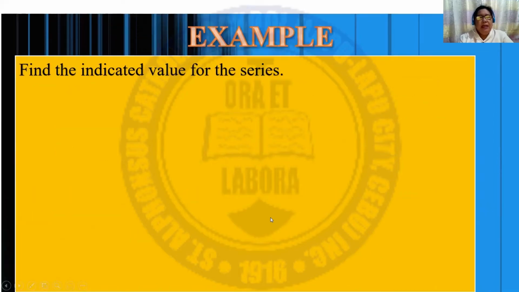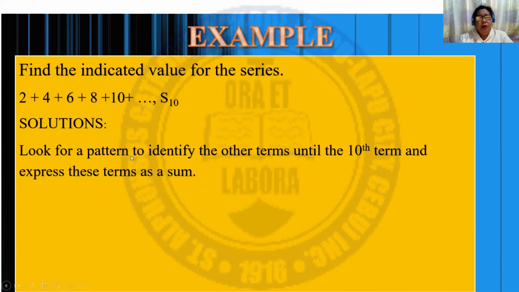Let us have an example. Find the indicated value for the series. We have 2 plus 4 plus 6 plus 8 plus 10 plus until the 10th term. So for the solutions, you have to look for a pattern to identify the other terms until the 10th term and express these terms as a sum.